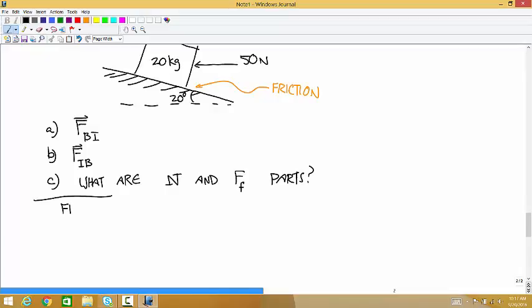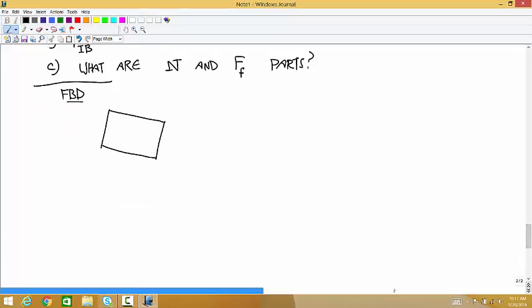Okay, so first, free body diagram. There's the weight, 196.2. I guess I'm not very creative with those masses. And then there's the horizontal force of 50 newtons.